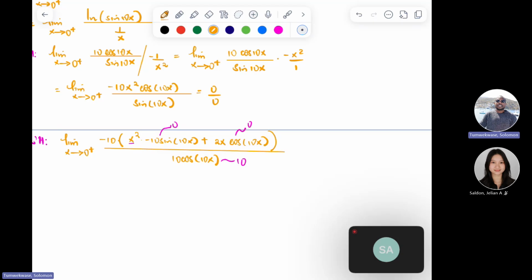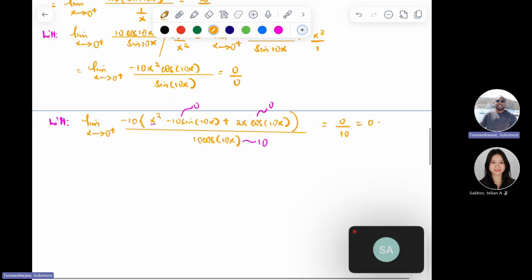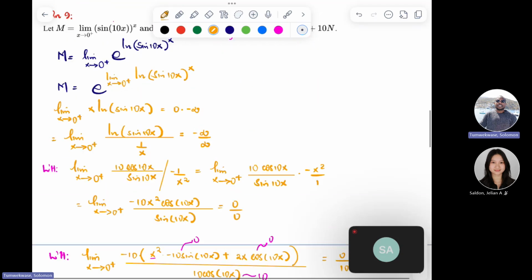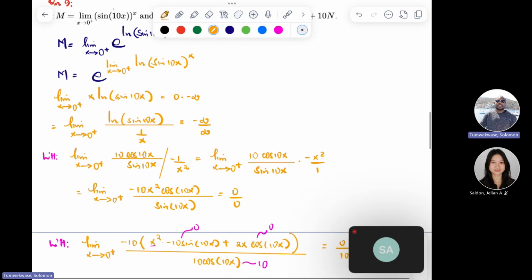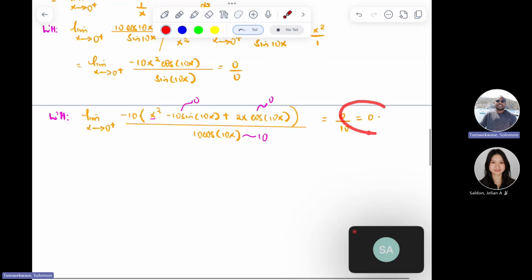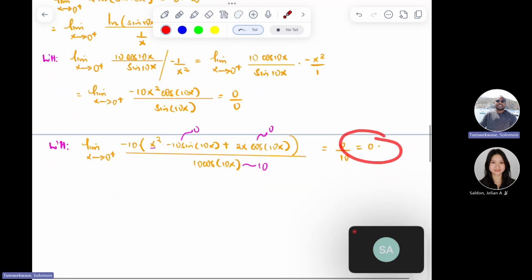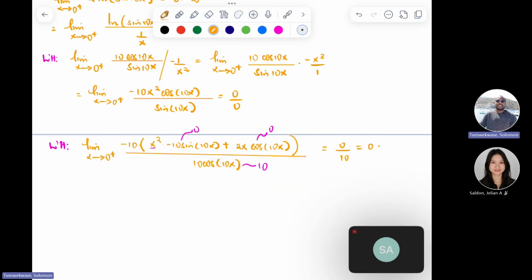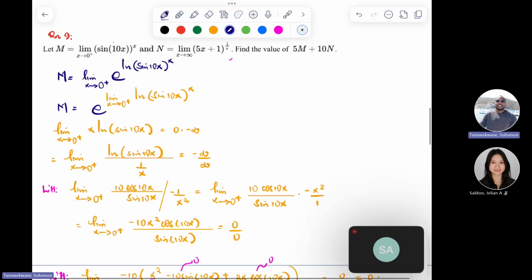So when I take this limit, I have 0 over 10, which is equal to 0. I hope you can see that. So this guy in yellow, when I evaluate it, I end up with a 0. So once again, therefore, m is e to the 0, which is just 1.